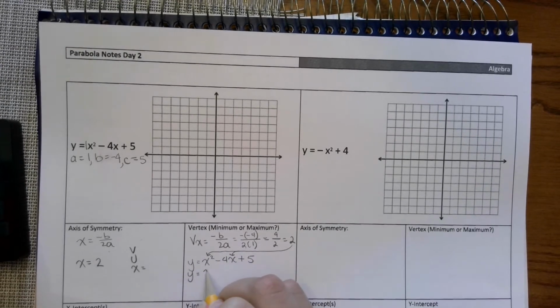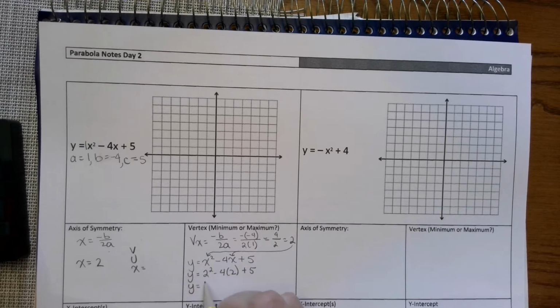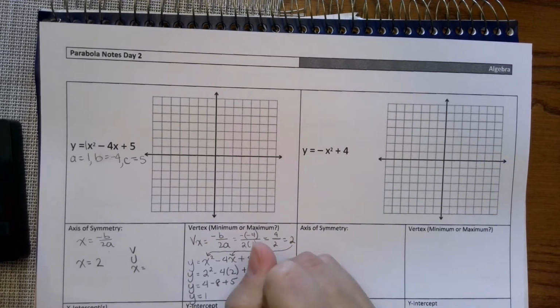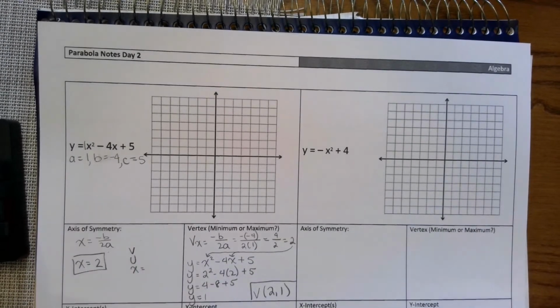So I have 2 squared minus 4 times 2 plus 5. 2 squared is 4. 4 times 2 is 8. 4 minus 8 plus 5. 4 minus 8 is negative 4. Negative 4 plus 5 is positive 1. So now I know that my vertex is the point (2, 1). And I'll box that out so that I have that. Here's my axis of symmetry.